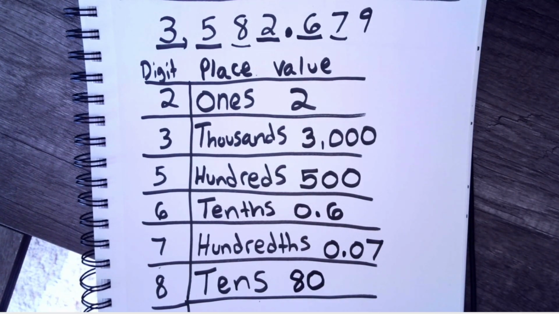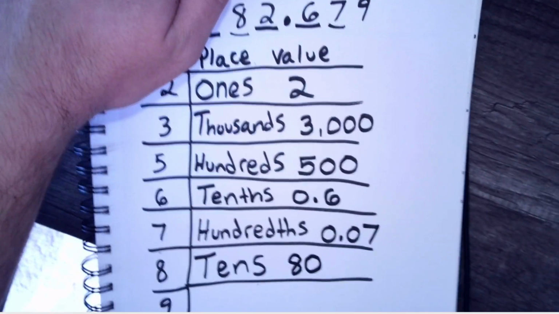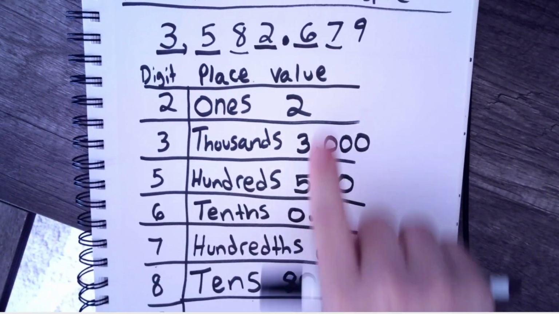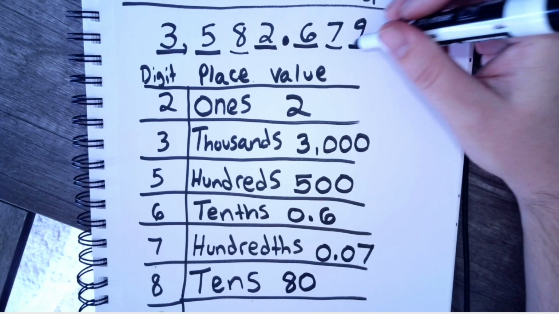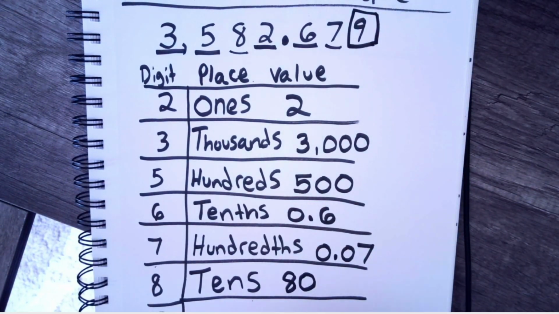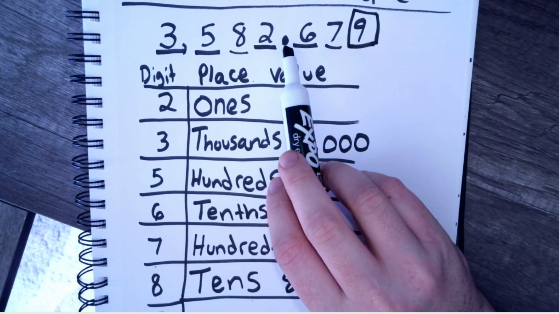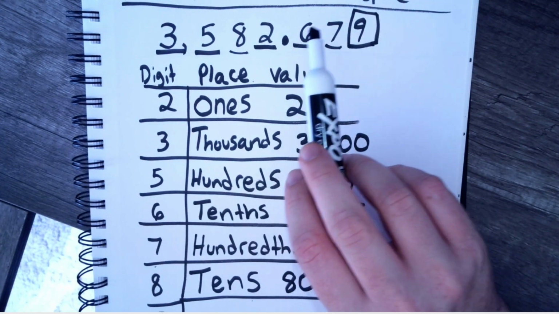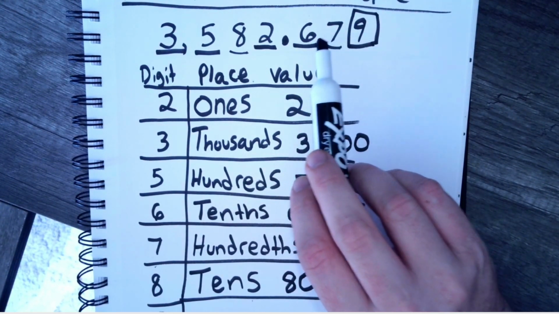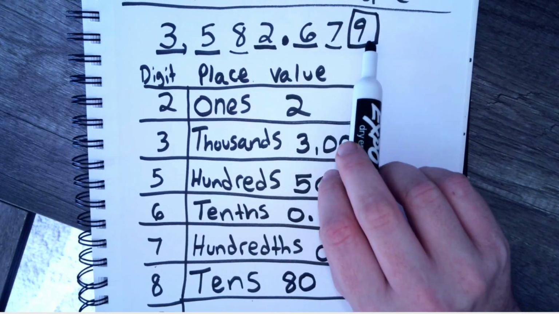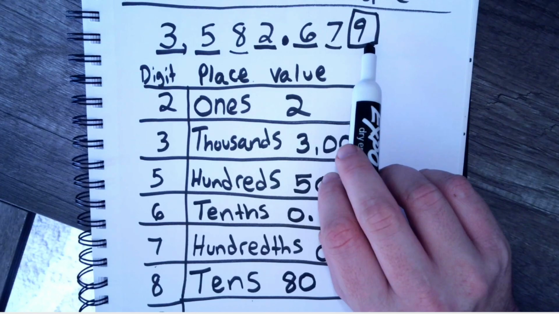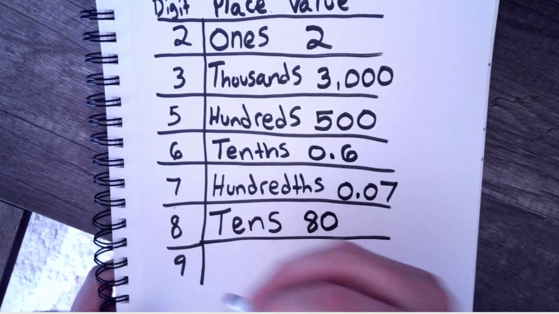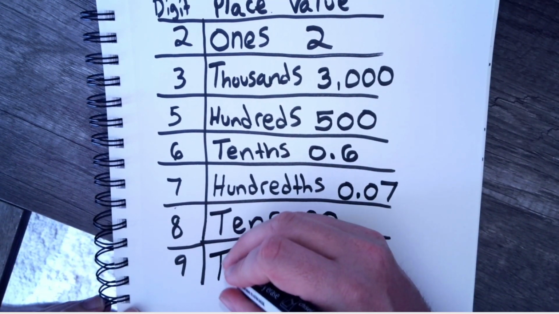And finally, we have the 9. So the 9 up here, it's our last digit, so I'll just box it in. I find my decimal. So I go to the right. That's the tenths. That's the hundredths. And what place would this 9 be located in? Yes, it is in the thousandths place.